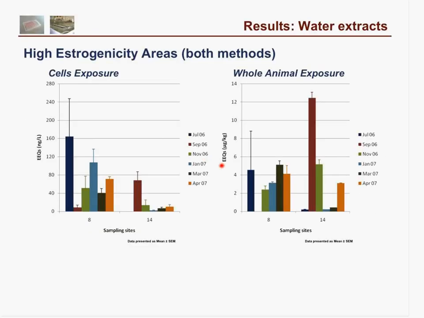If you go back to this slide, you can see in some cases you actually do get hits, and in some cases you don't, depending on just that grab sample that you got. So the fact that we got a response in Napa, which again continues to be high, is pretty significant. The fact that you don't see it in one site may just be that it wasn't there at that particular time in January.